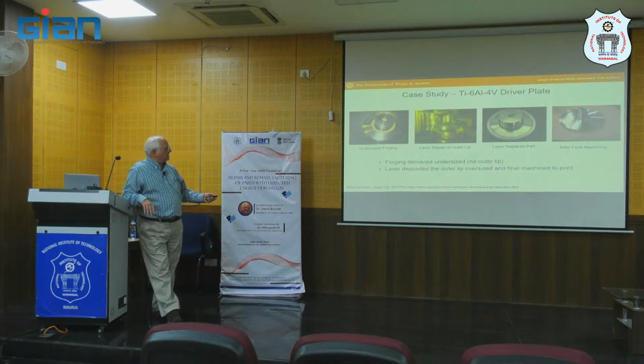So what they did is they came in with the laser repairs that added more material around this outer edge. You can see the material that was added here, and then finally they were able to go in with the extra material in place. They were able to do the machining to create the part that was completely in spec.